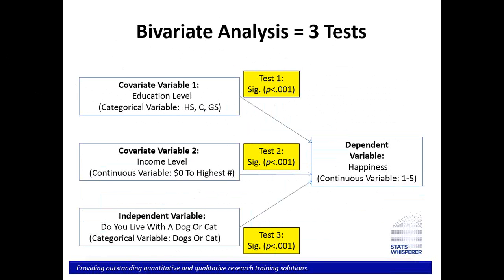Now, recall, in bivariate analysis, we did 3 separate bivariate tests for that step. We did a test for education level and happiness. We did a test of association for income level and happiness. And we did a test of association for do you live with a dog or cat and happiness. So there were 3 separate tests.